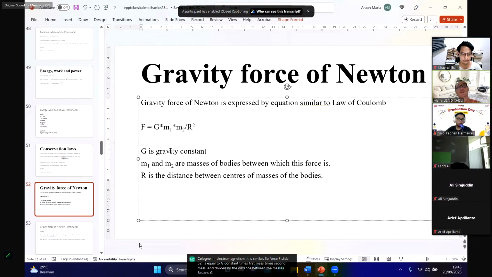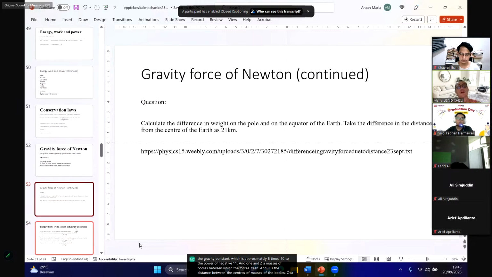G is the gravity constant, which is approximately 6 times 10 to the power of negative 11. M1 and M2 are masses of bodies between which the force acts. And R is the distance between the centers of masses of the bodies. The next slide asks you to compare the gravity force on the equator, where we are now, we are close to the equator, and on the pole of the Earth.